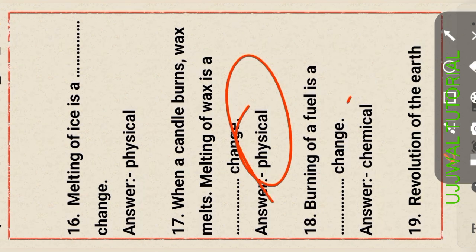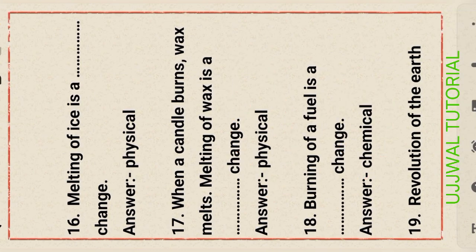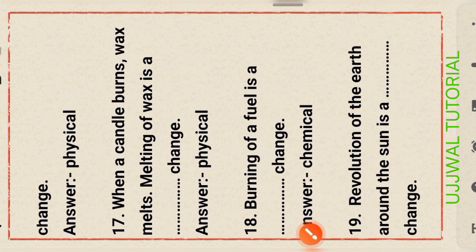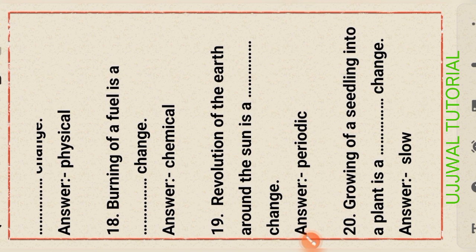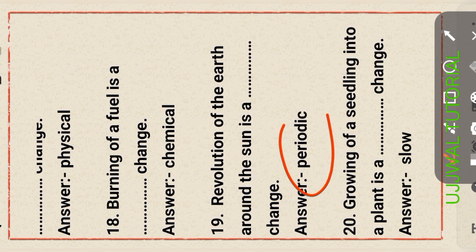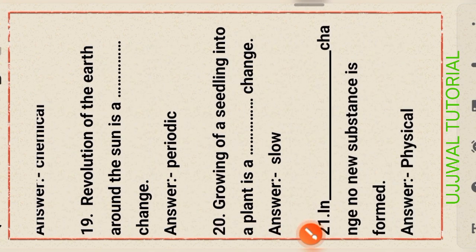Next question. Burning of a foil is a chemical change, because the composition changes. Next question. Revolution of earth around the sun is a periodic change. Next question.